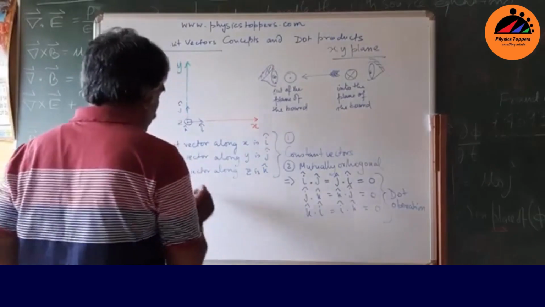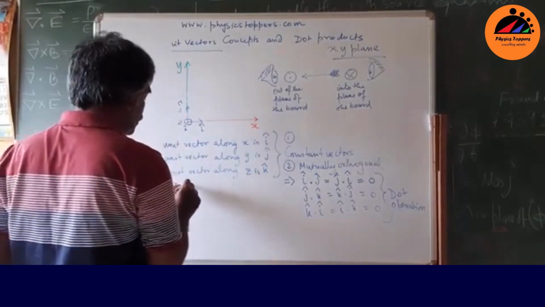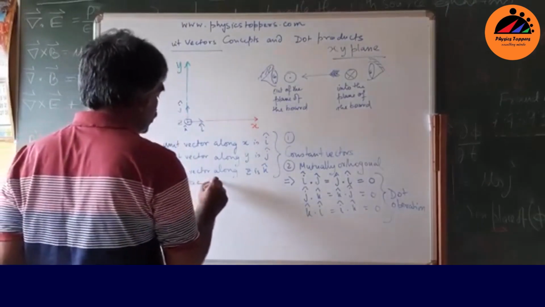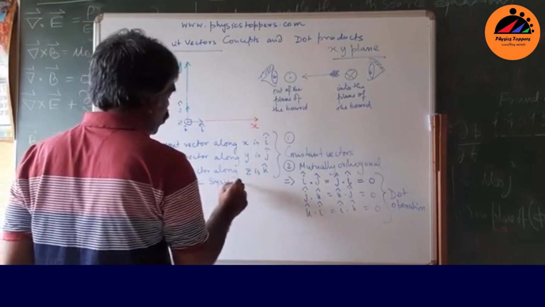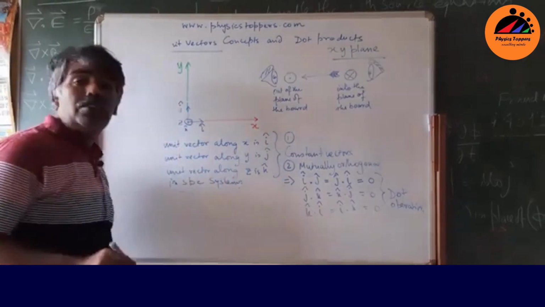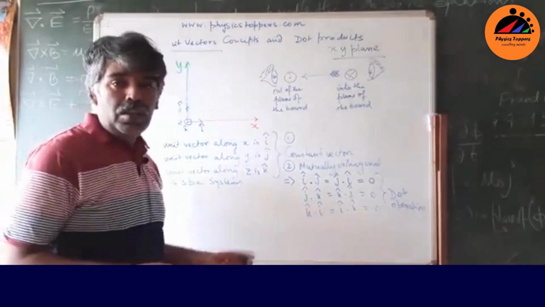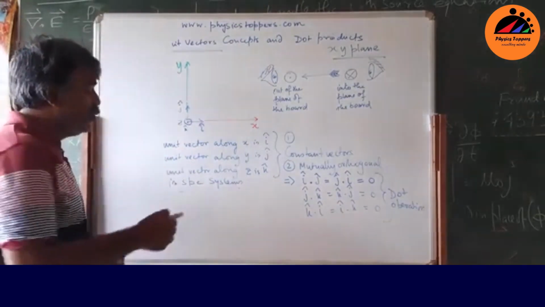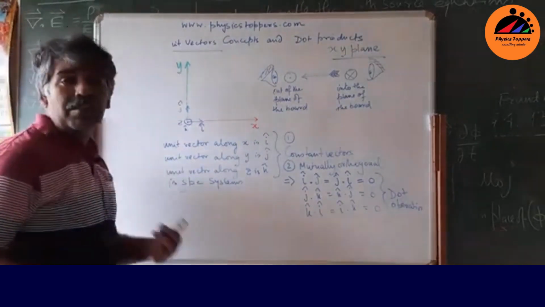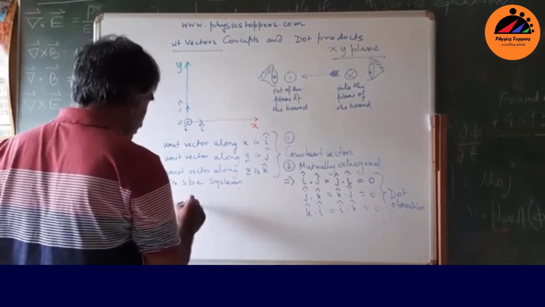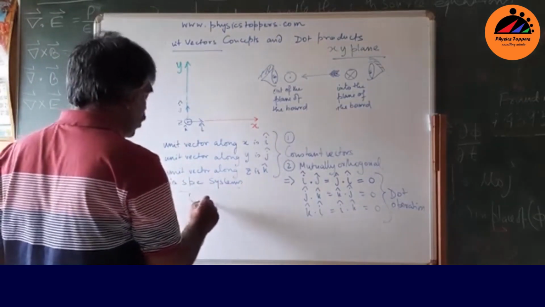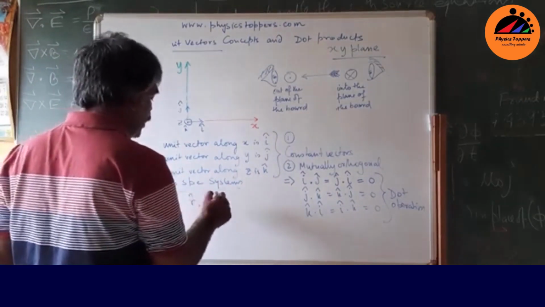Let me give you an example. In spherical polar coordinate systems, which I usually teach for JEE students, because handling problems with this coordinate system is very easy and less time consuming, you have three coordinates, and along r cap, phi cap and theta cap.